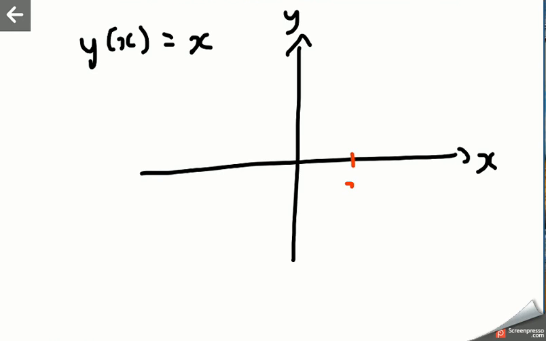Suppose now that I put x1 into the function. What is y of x1? Well, y of x1 is simply x1 because I put x1 into the function, I get x1 out.